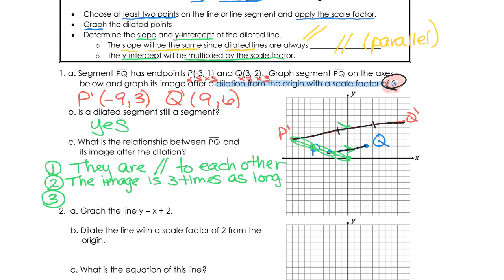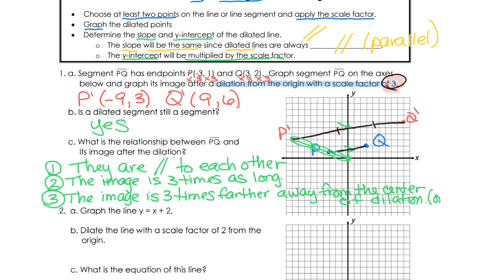Okay, so we can say that the image is 3 times farther away from the center of dilation, which is the origin. All right, so there's 3 things that happen there. Okay, let's take a look at number 2.